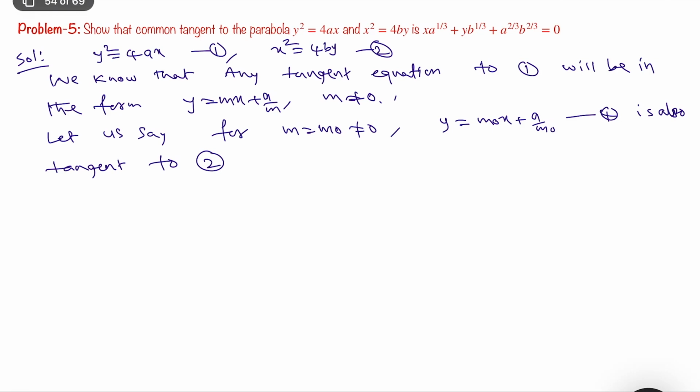If the line 4 is tangent to the parabola 2, then there should be only one point of intersection between this parabola 2 and line 4.